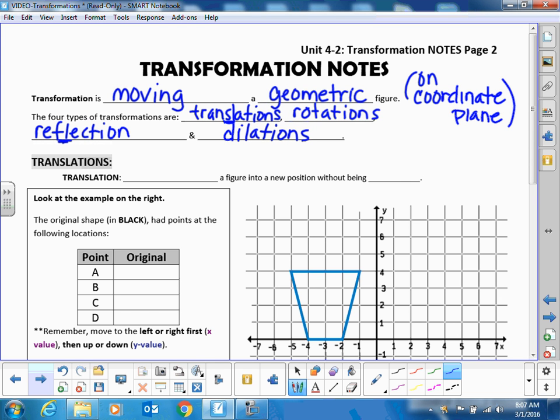The translation, remember I said, is just when you are sliding, and you can remember it because we have this SL here and the SL here: sliding a figure into a new position without the figure being changed. So the figure itself is not going to change in any way, shape, or form. It's just sliding to a new position.